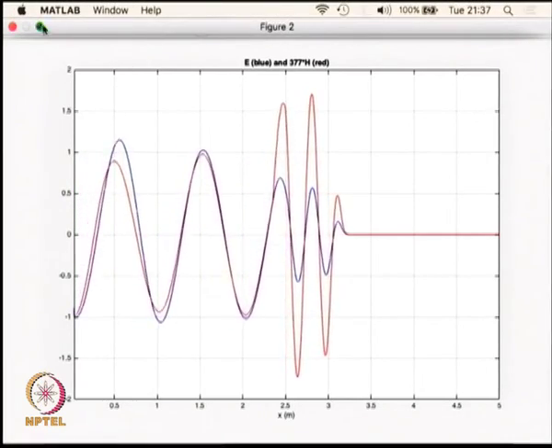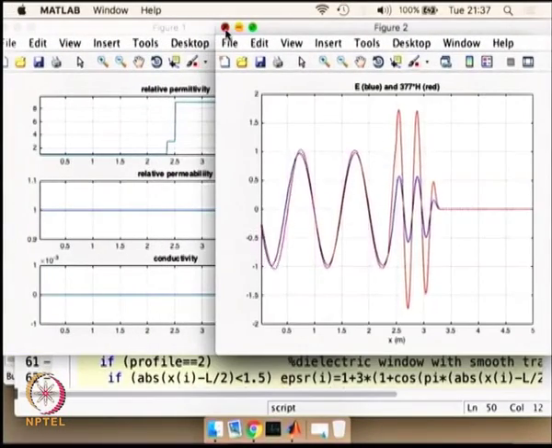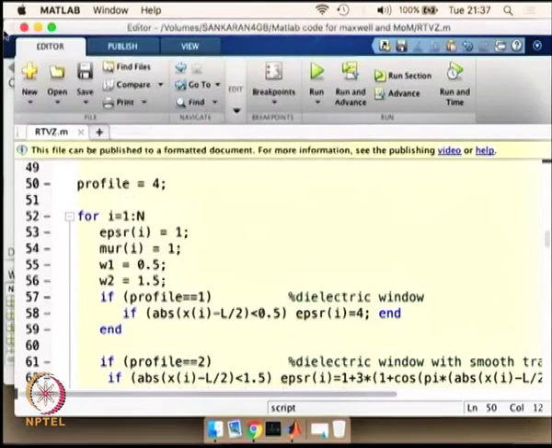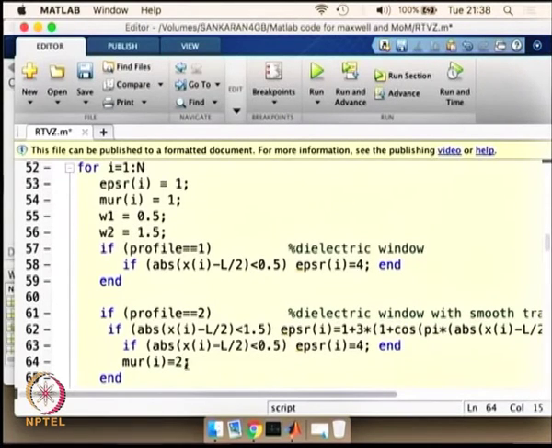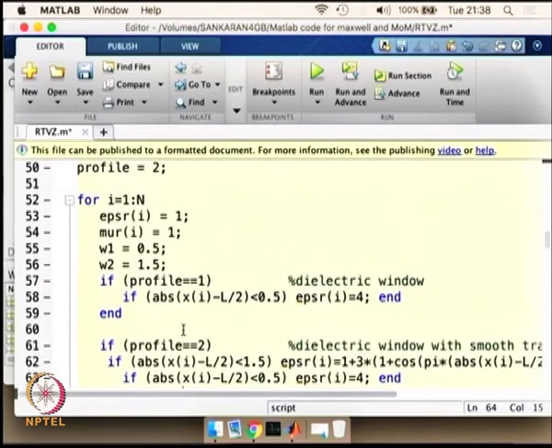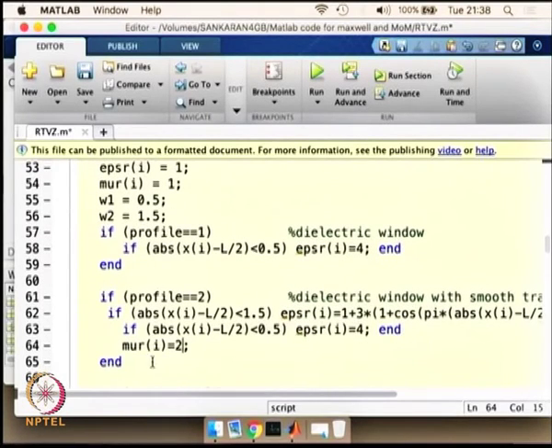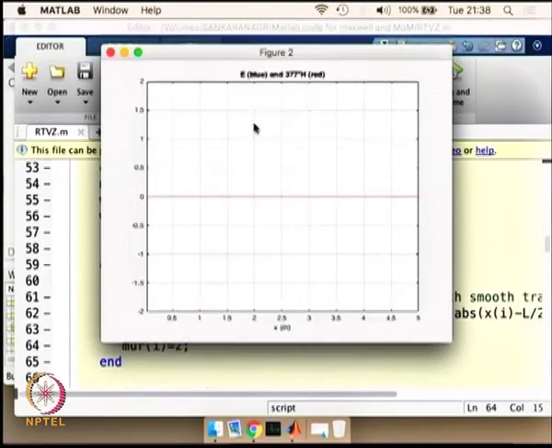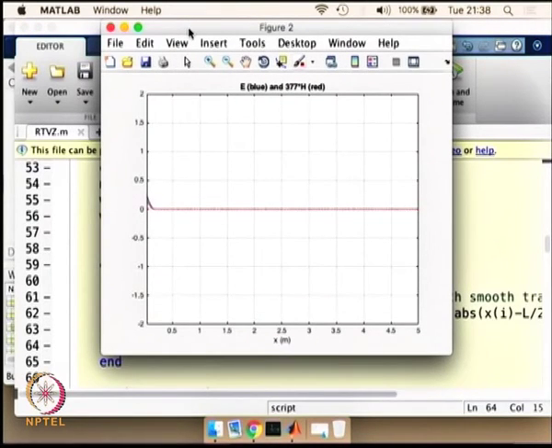So what we have seen now is by changing the value of permittivity, permeability, we can pretty much change the way the wave is going to behave inside that particular medium. So now I have changed the value of mu r equal to 2, and I am going to simulate the problem for profile equal to 2. So my mu r will be now not 1 but 2, and see what is the impact of that in the particular medium that we are going to simulate.